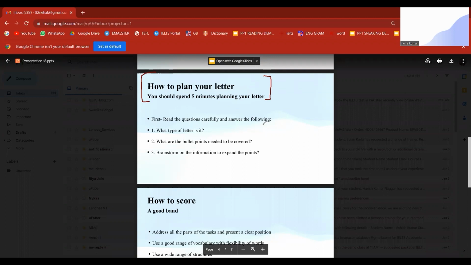And while understanding the question, you should also ask yourself what type of letter you need to write. Would you be writing a formal, informal, or a semi-formal? You should know what form of letter you are going to write. What are the bullet points that you need to cover while writing your letter? Brainstorm on the information and then expand your bullet points.